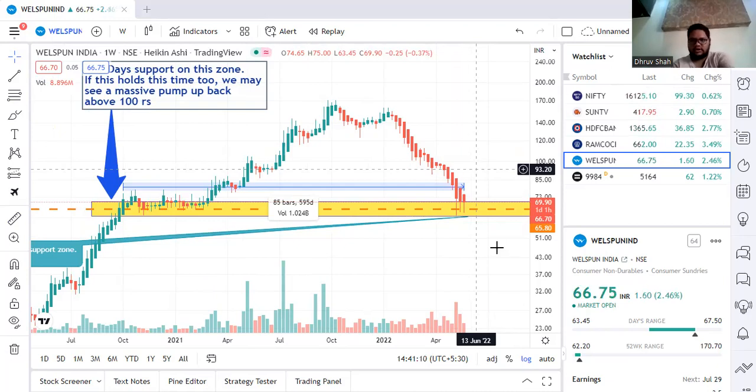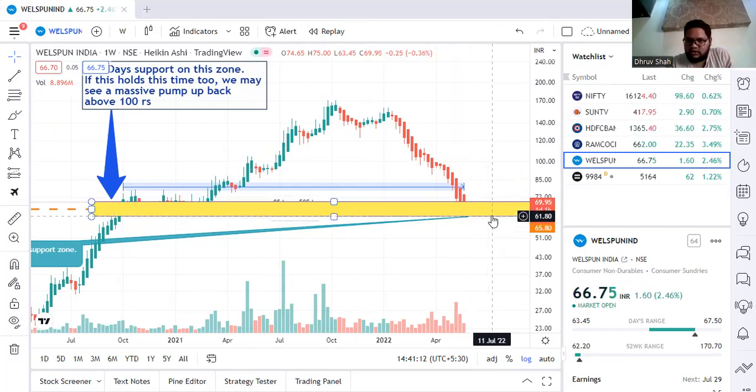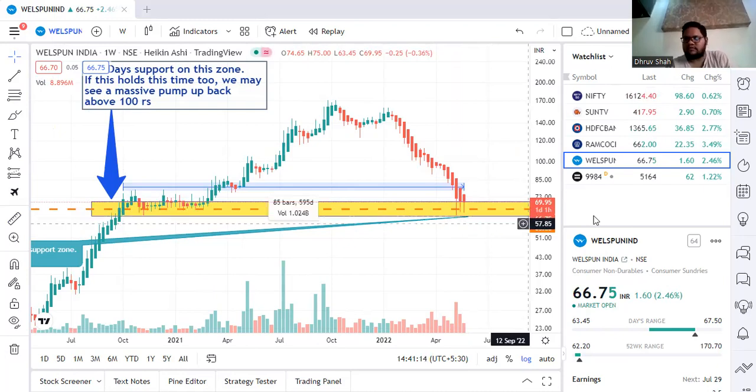So what I'm telling you here is, if it closes on weekly below 61.50 rupees, which is around 10% from here, if it closes down 10% from here on a weekly basis, not daily, because the market is not proper as of now due to inflation, Fed, US rate hikes.